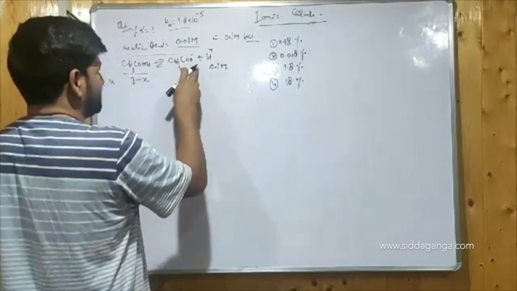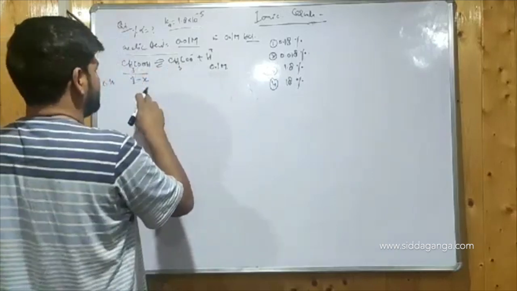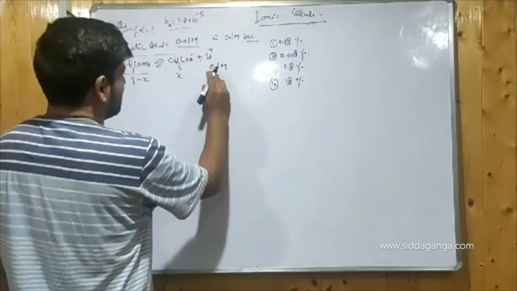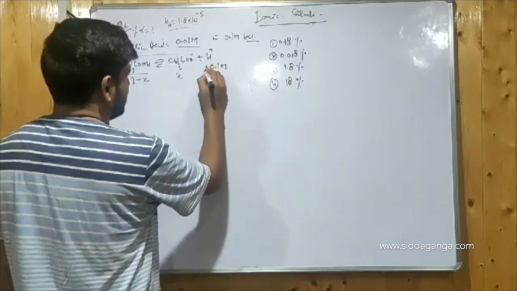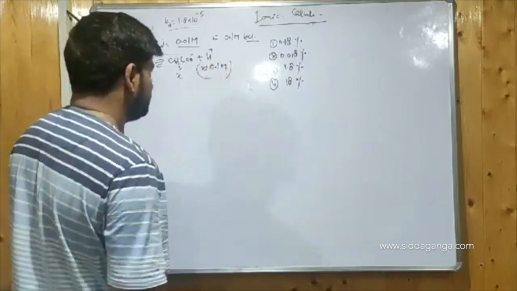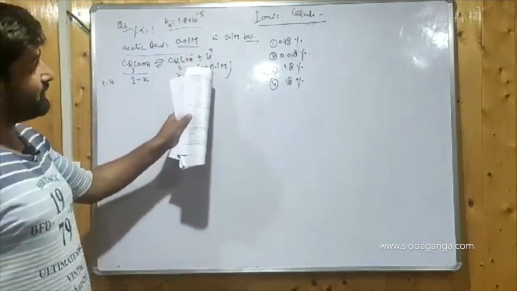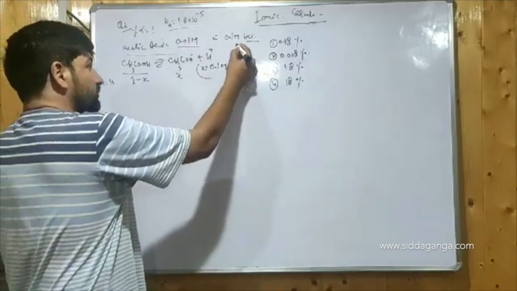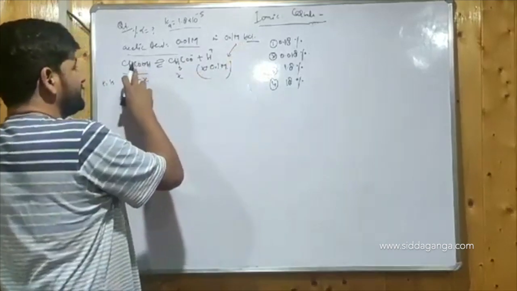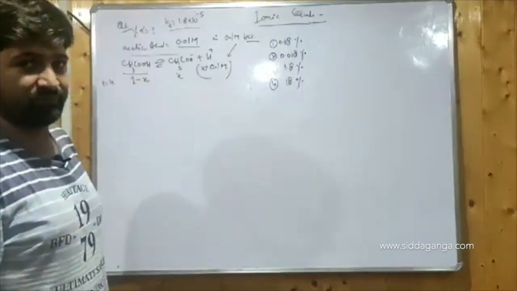And H plus is also coming from acetic acid, so it will be X. This will become 0.1 plus X. So the concentration of H plus will be X plus 0.1 molar, because 0.1 is from HCl and X is coming from acetic acid clearly. Right, children?